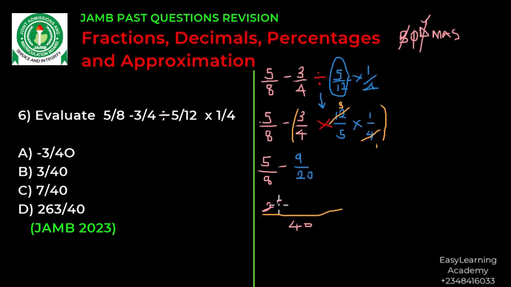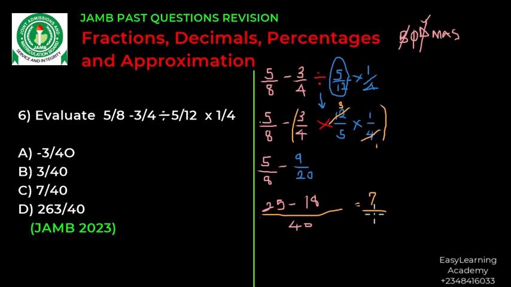Good. And we bring down our subtraction sign. 20 comes into 40 how many times? 2 times. 2 times 9 is what? 18. Good. And of course 25 minus 18 will give us 7, and then we put it over our denominator, 40.